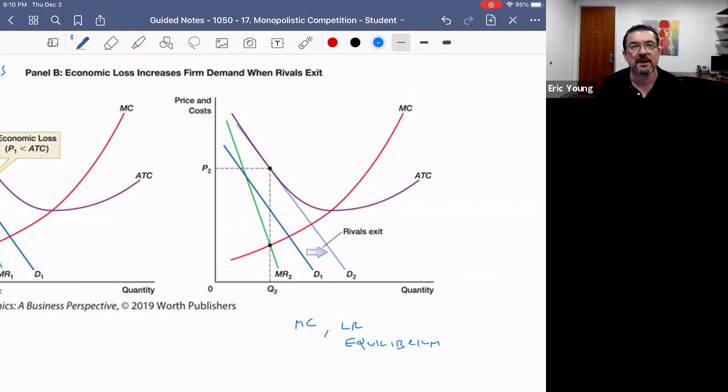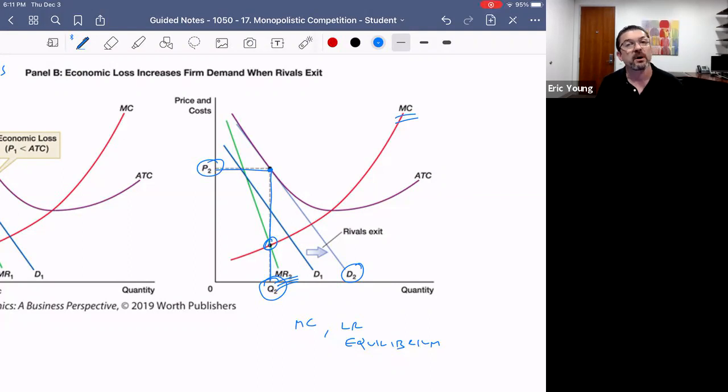Notice if we did our 3-step process, we would see step 1, MR equals MC right here. Drop that down and we get Q. Step 2, take the Q up to the demand curve and go left for price, up, up, up to the new demand curve. Go left and there's price.